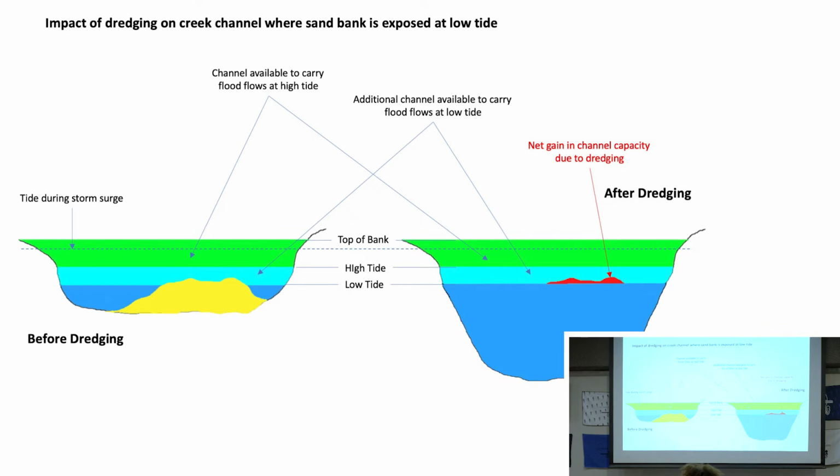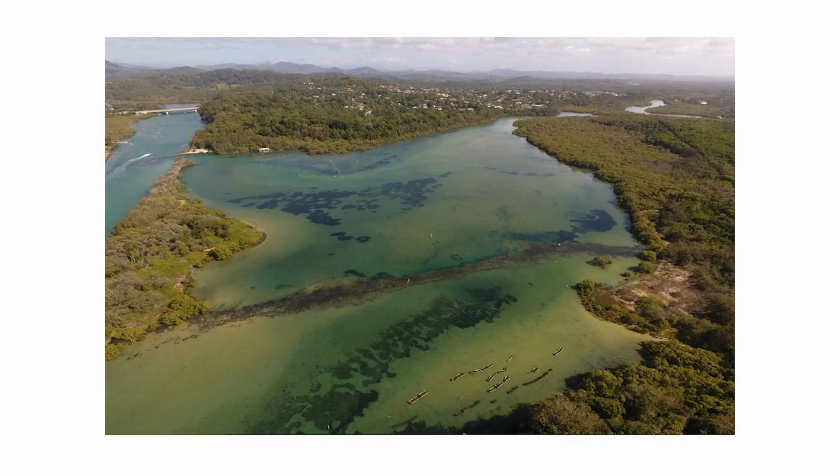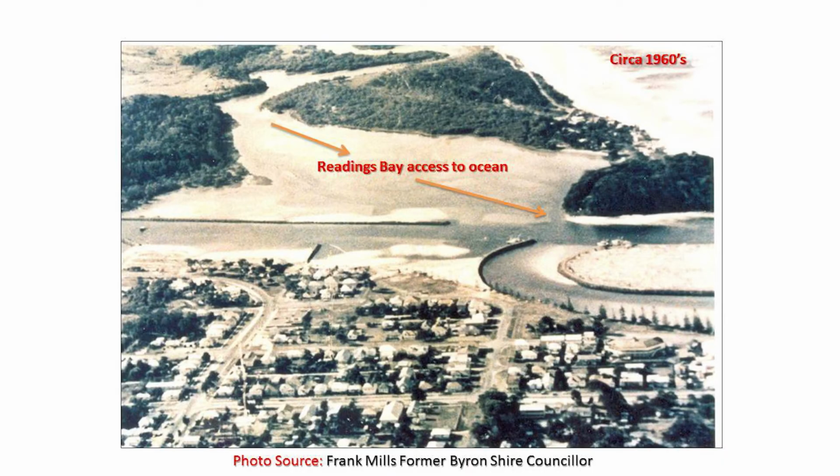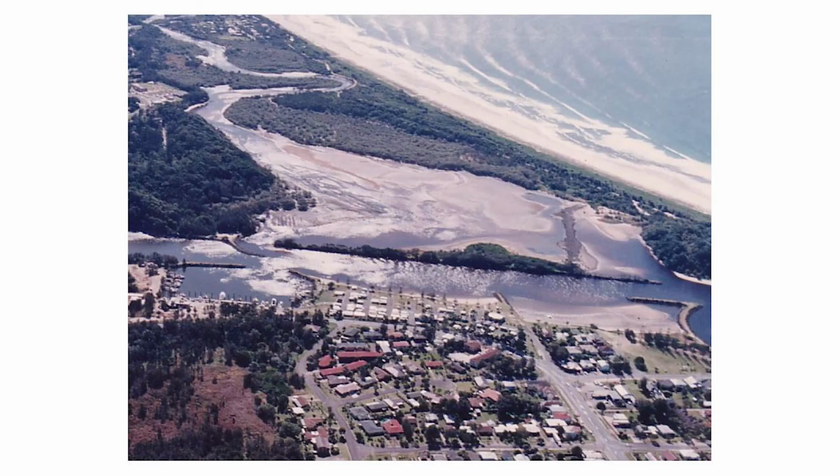So we've got to be objective about the solutions that we push for. We have the rock walls, so that's explaining the dredging, but the rock wall in Readings Bay that goes from Christmas Beach, that side. Readings Wall is covered at mid-tide, so I don't think it will affect flood outflows.